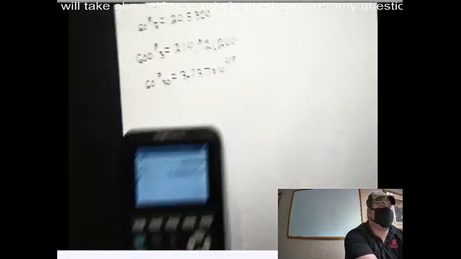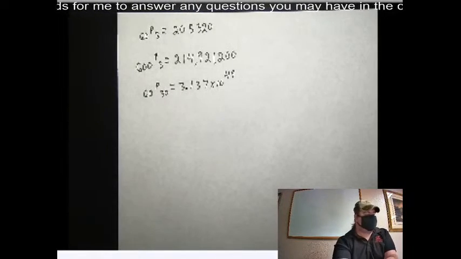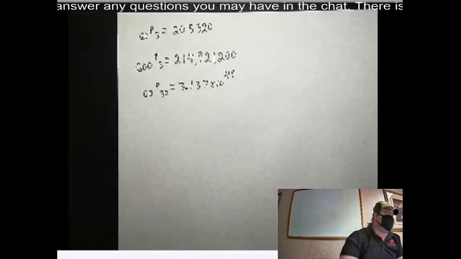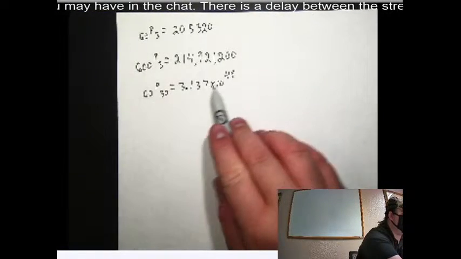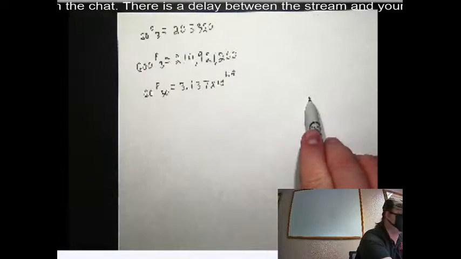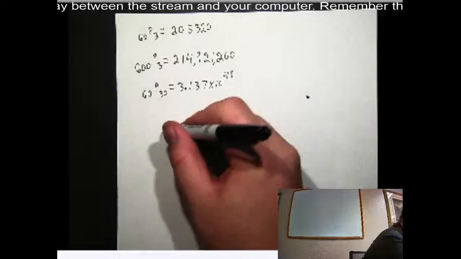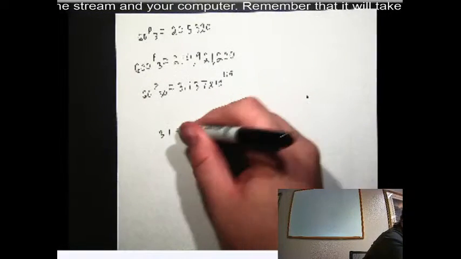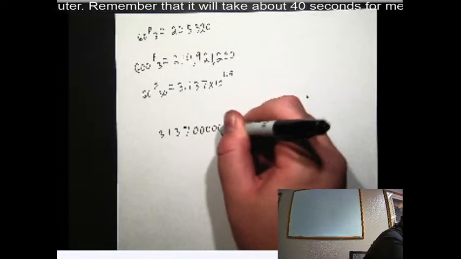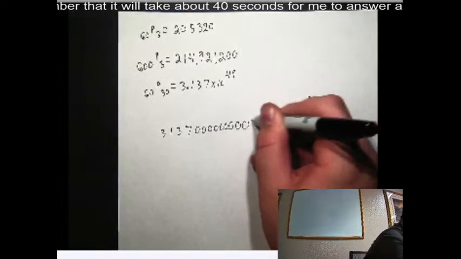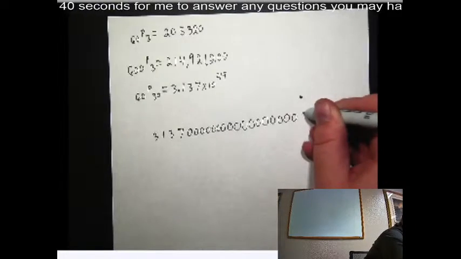Now, if you remember back to high school again, maybe your science class, you learned about scientific notation. What this means is that we would move this decimal 49 times to the right and get a number. And I mean, let's see, that'd be 1, 2, 3, 4, 5, 6, 7, 8, 9, 10, 11, 12, 13, 14, 15, 16, 17, 18, 19, 20, 21, 22.